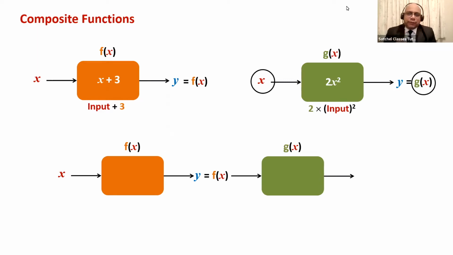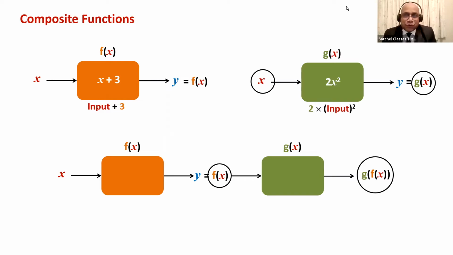But what did we input in this case? In this case, the input to g of x was not x. It was the output of f of x, which is f of x. So f of x goes into g of x. So the output in this case will be g of f of x.